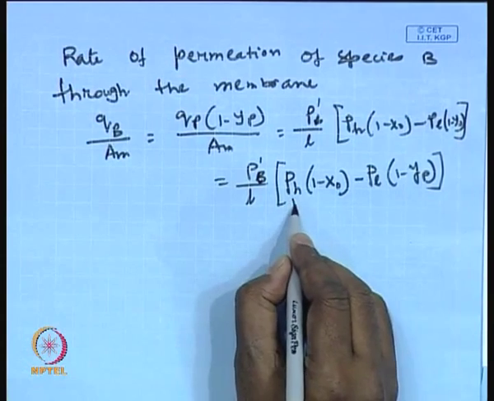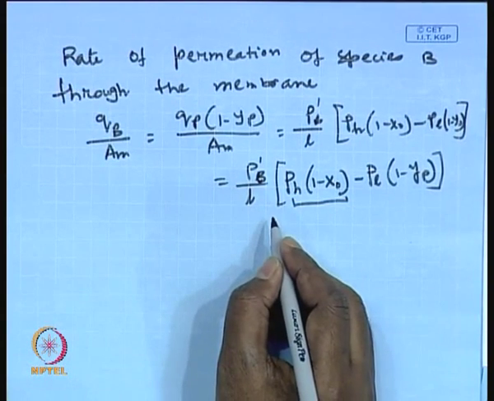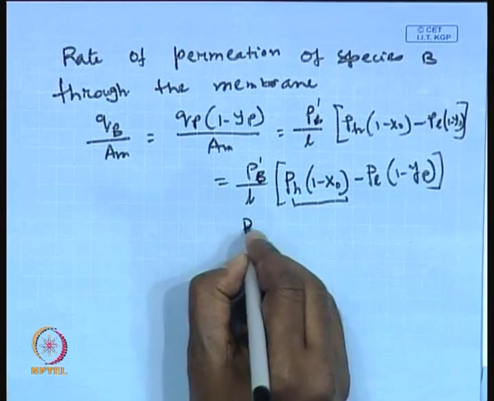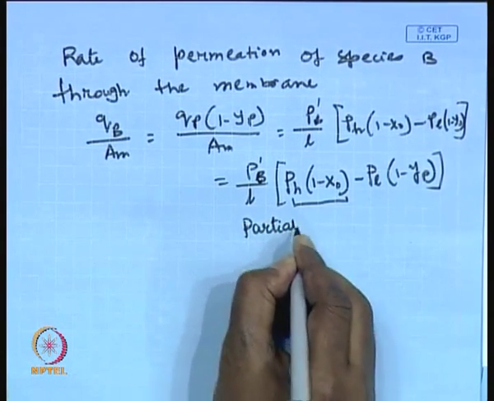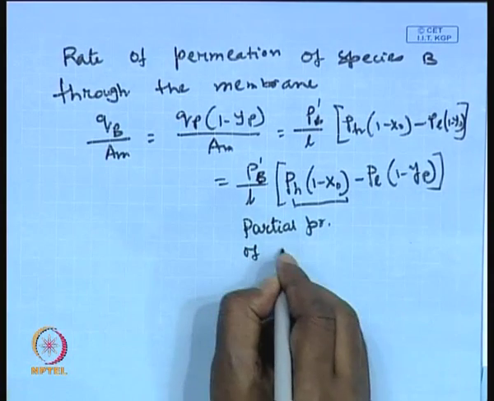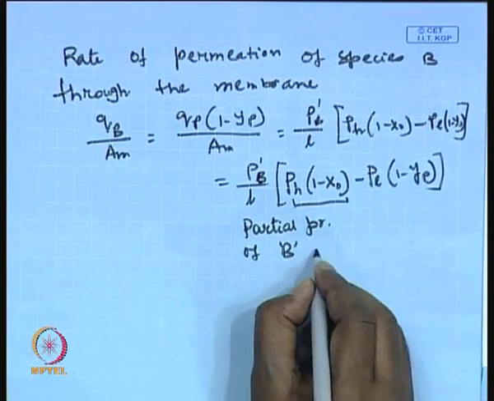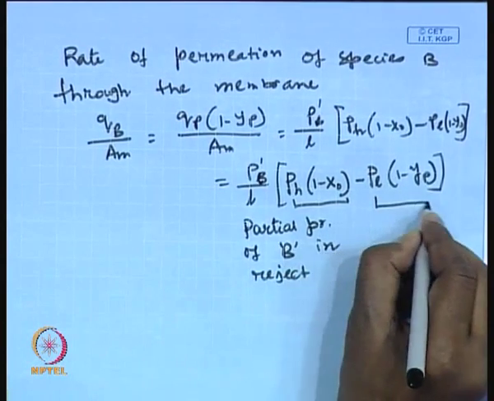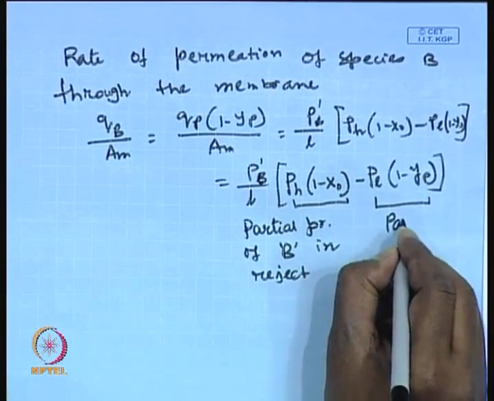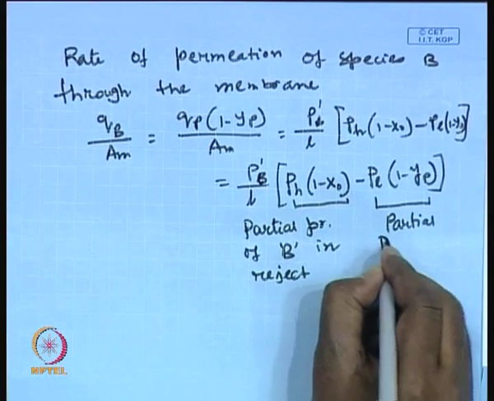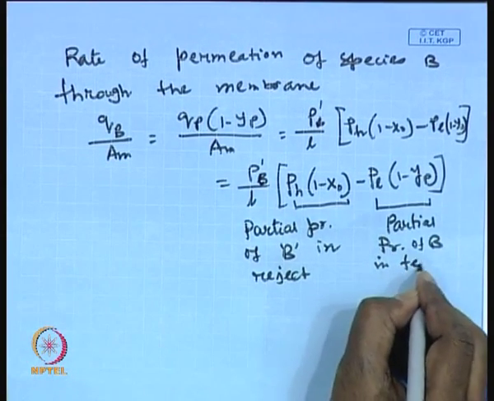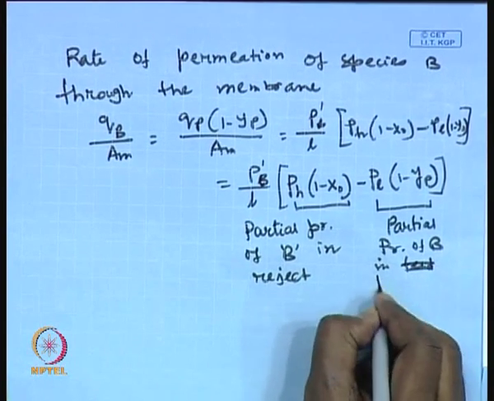So, this is nothing but the partial pressure of species B in the feed or the reject stream, of component B in reject, and this is the partial pressure of B in permeate.